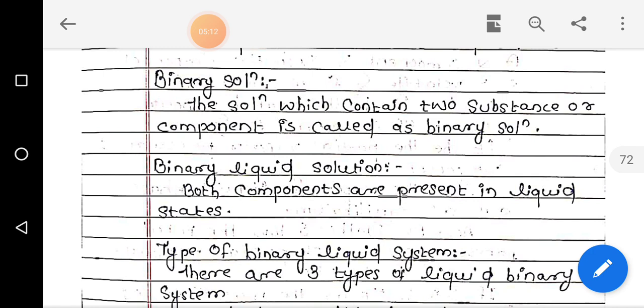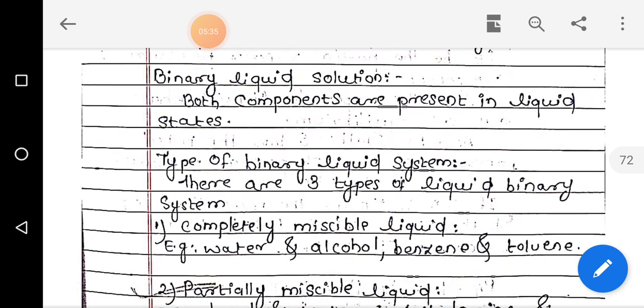Next is the binary solution. The solution which contains two substances or components is called the binary solution.